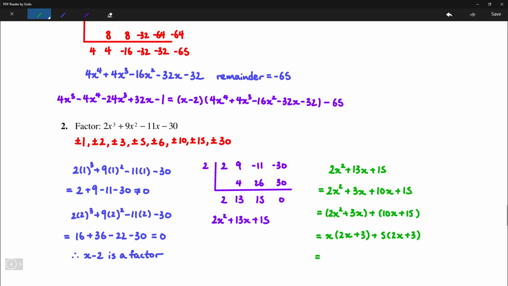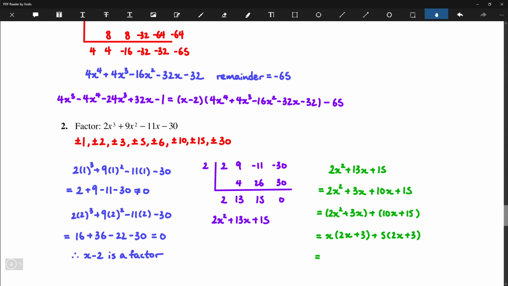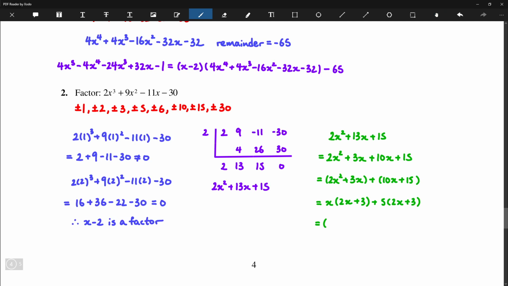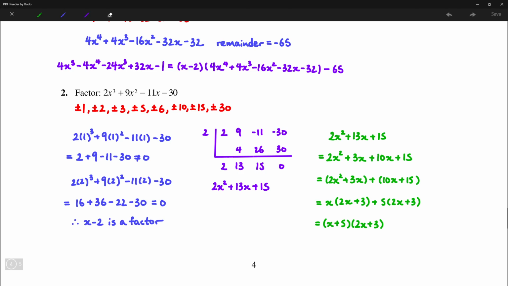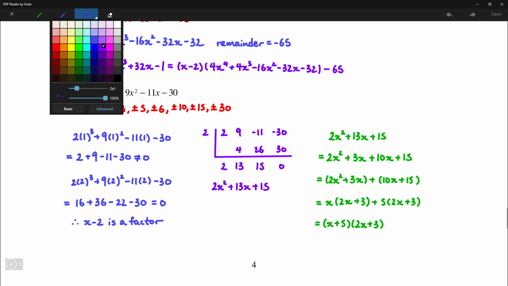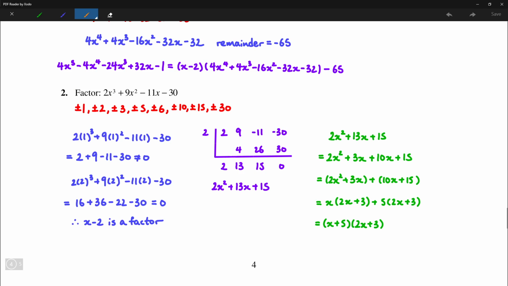So the two factors that we have are x plus 5 and 2x plus 3. That means that once the polynomial is completely factored, we have three factors.